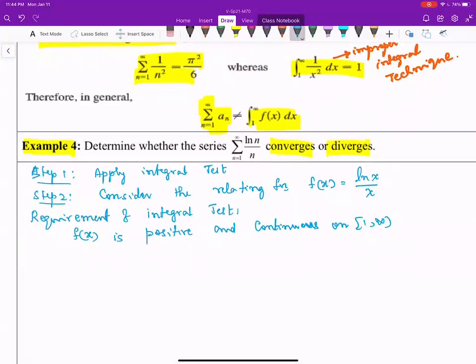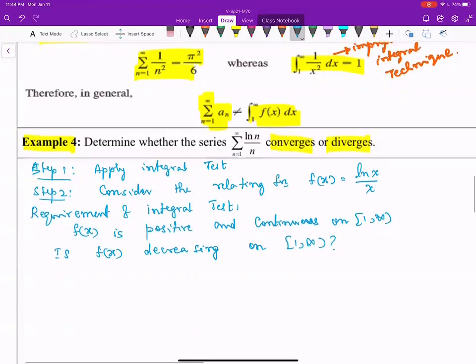Is it decreasing on 1 through infinity? In order to do that, we will compute the derivative.